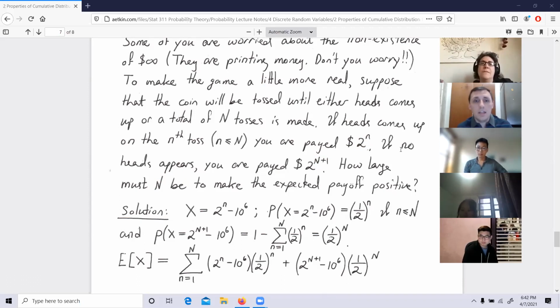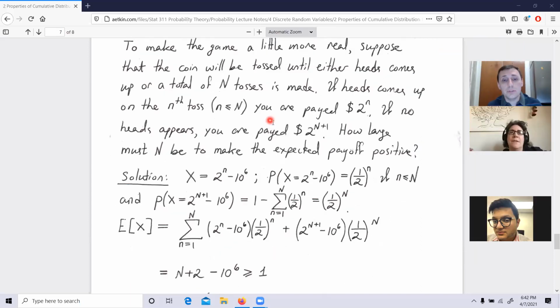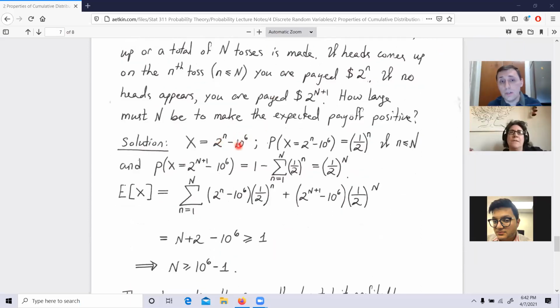Yes? And then let's try to calculate when this game becomes profitable. So same thing, the price to pay for the game is 10 to the 6. And then let's see what happens. Now the probability is 1/2 to the n if n is less than capital N, and otherwise the probability of getting the biggest payoff, that's the biggest payoff possible, I calculated it, guys, and the probability is 1/2 to the power of capital N. Good.